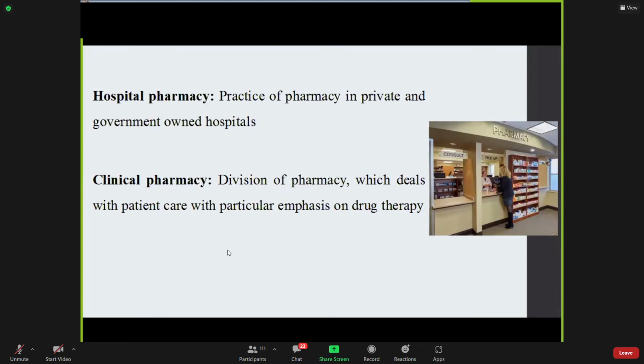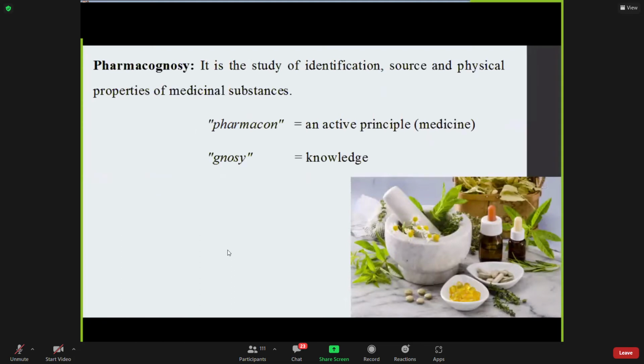So at the pharmacy, some drugs along with some devices or other medical related substances are dispensed. But when there is particular emphasis on drugs and particularly on patient care, such type of pharmacy is clinical pharmacy.